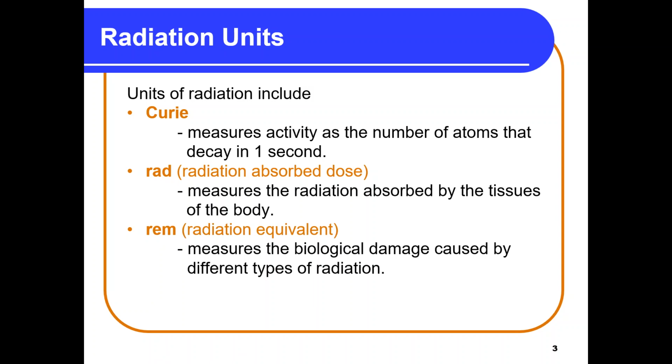There is the RAD, the radiation absorbed dose, which measures the amount of radiation absorbed by the tissues of the body. And then there's the REM, which measures the biological damage caused by different types of radiation. So those are different from the Curie.